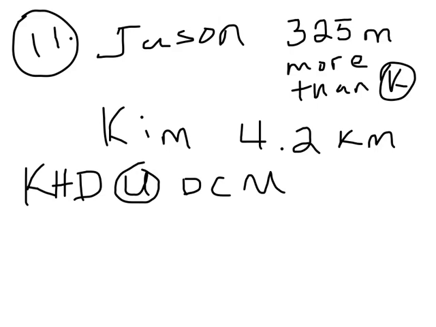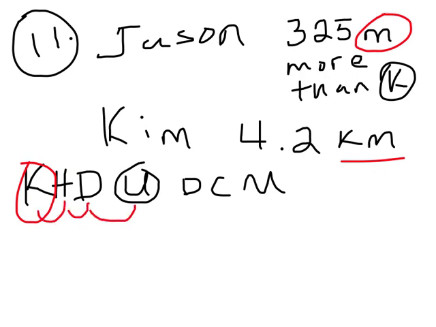So we have kilometers. That's where we're starting, and we need to change it to meters. We move it 1, 2, 3 spots back to our base unit, because the unit of measure is meters when we're talking about length.